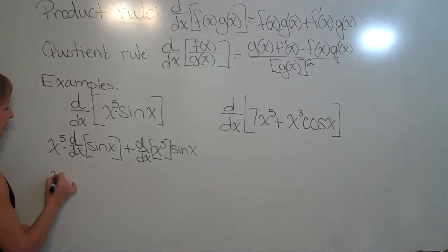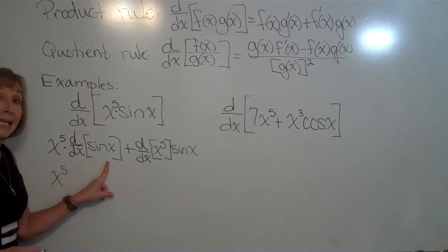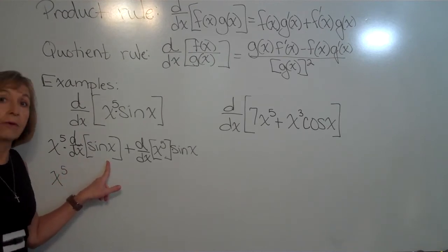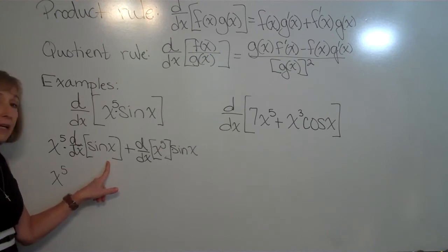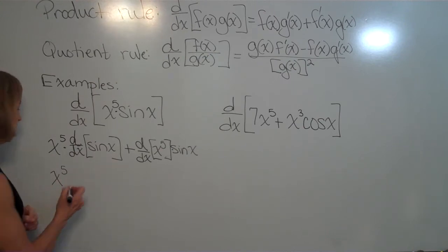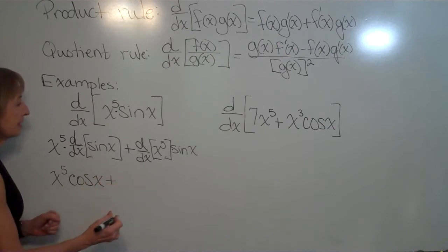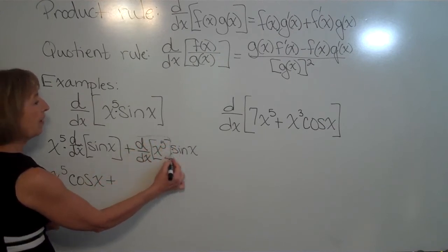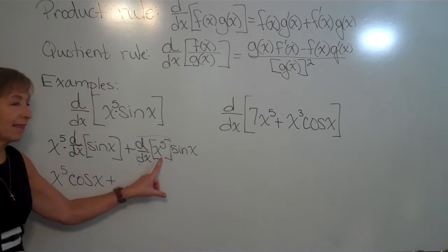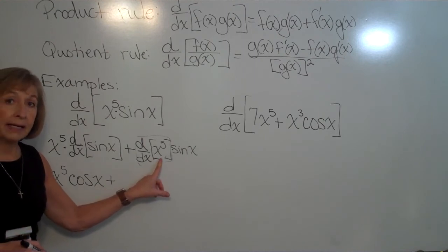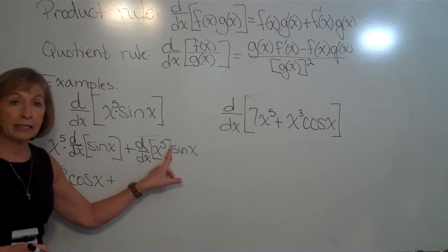So this will be x to the fifth, and the derivative of sine x, if you look at what we wrote down earlier in the video at the start of it, the derivative of sine x is cosine x, and then plus. Now the derivative of x to the fifth, that is our letter base to our rational number exponent.